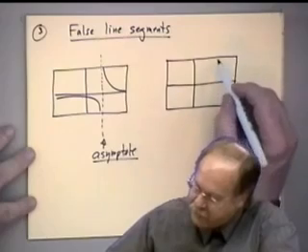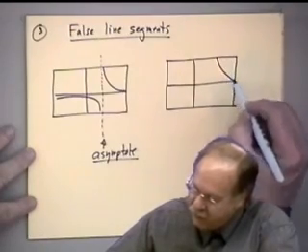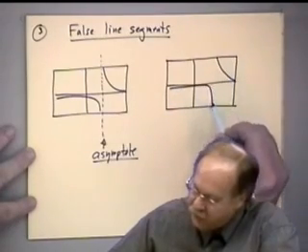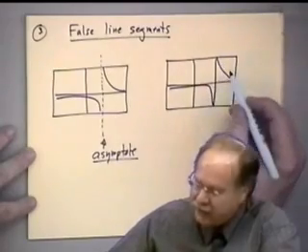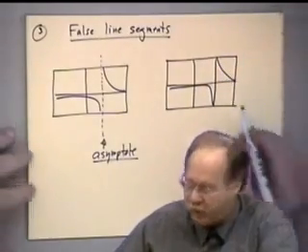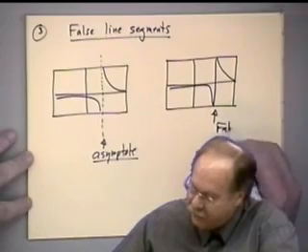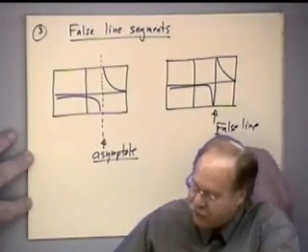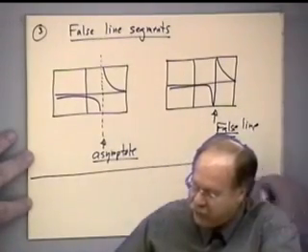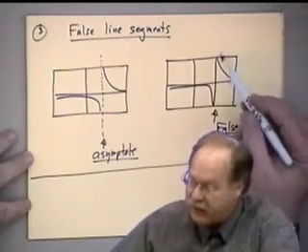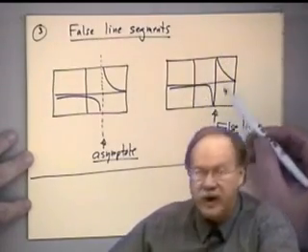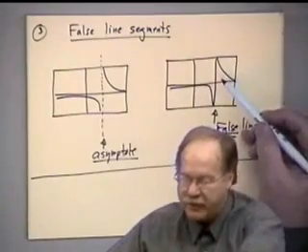What will often happen is this. The grapher will not draw this correctly like this, but will add a line in here because it's trying to connect the left and the right parts, which it shouldn't do. So this is a false line, a line that should not be there, but which the grapher will put in. So you have to know mathematically that this makes no sense. It is a nice way of representing an asymptote, but it is not part of this curve and should not be there.